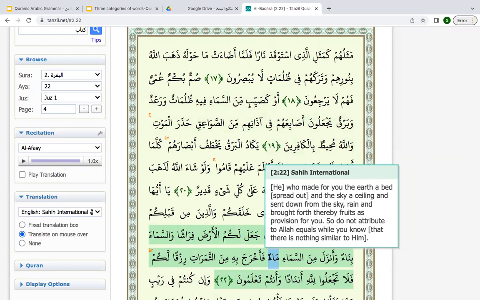No one agrees that this is feminine? Ma'an. Yes, it is not feminine. Ma'an is not a feminine word.